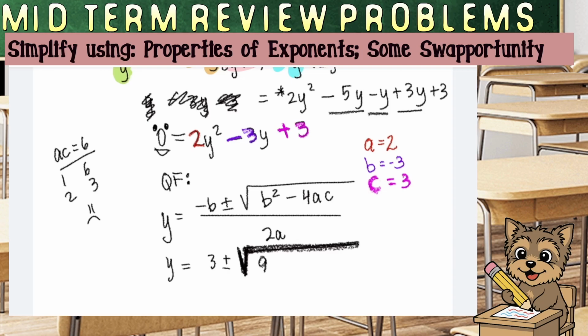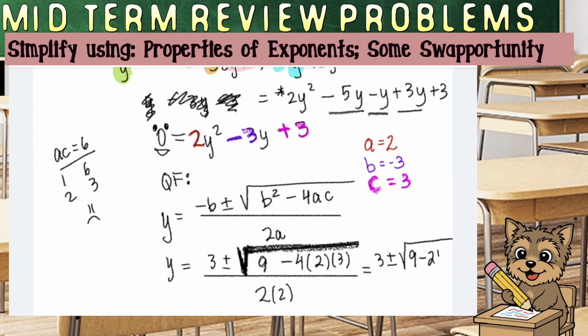So it's 9 minus 4ac, all over 2a. And then let's see, 3 plus minus the square root of 4 times 2 is 8, times 3 is 24. So 9 minus 24.